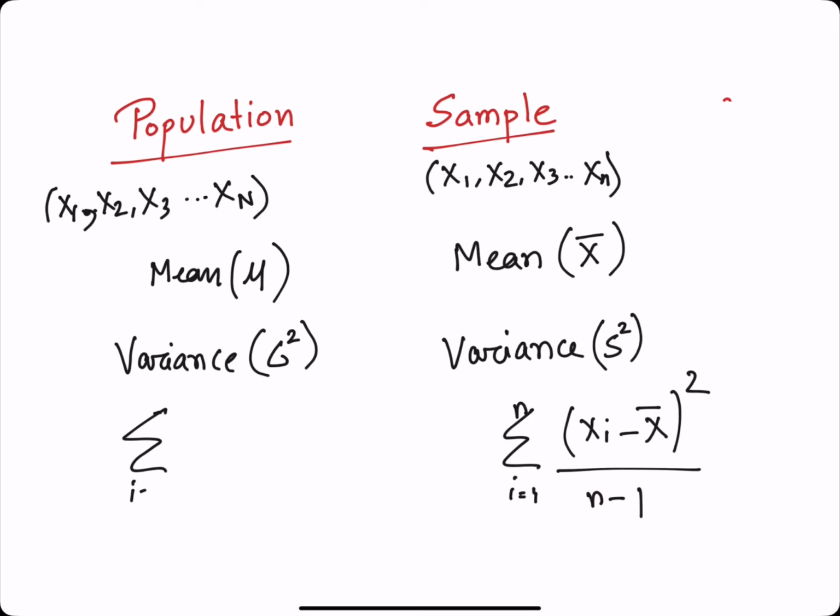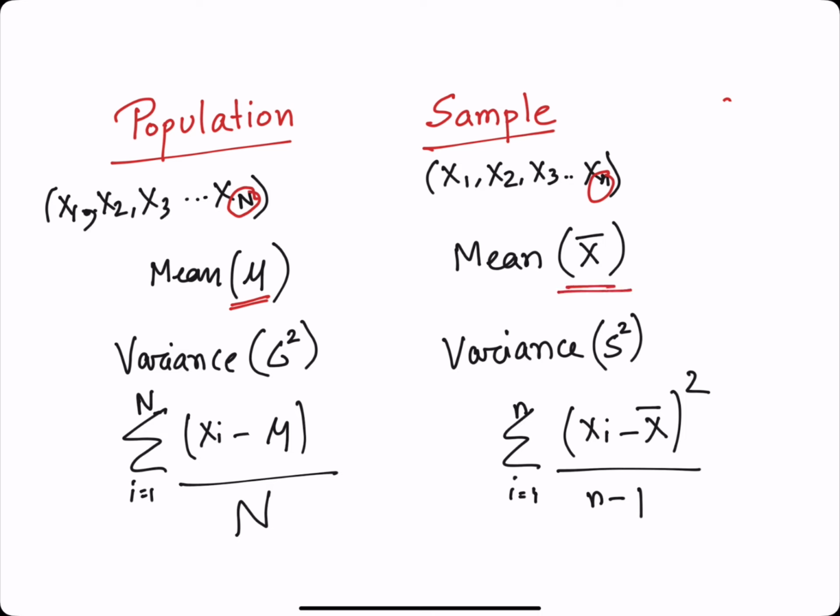Now here are a few terms to get familiar with. In population, the size is denoted by capital N, and for sample we denote it by small n. The mean of the population is denoted by mu, whereas the mean of the sample is denoted by x bar.